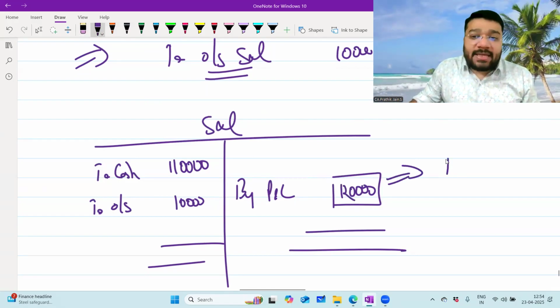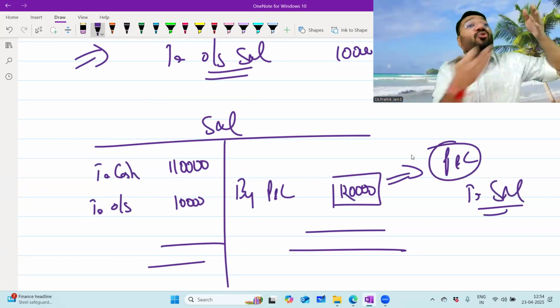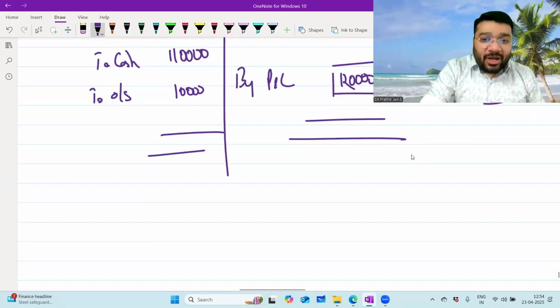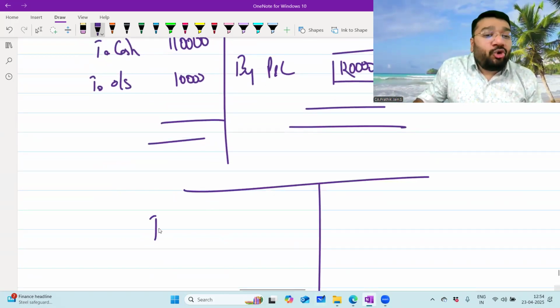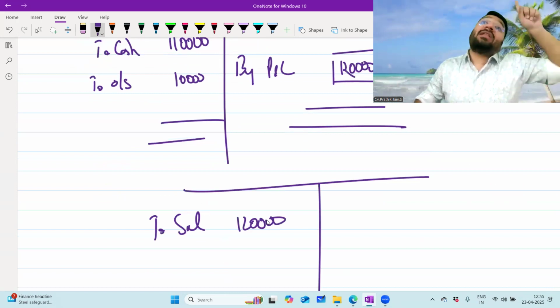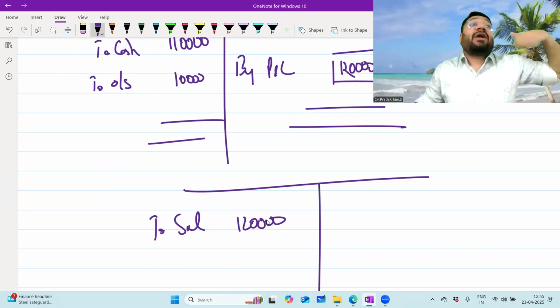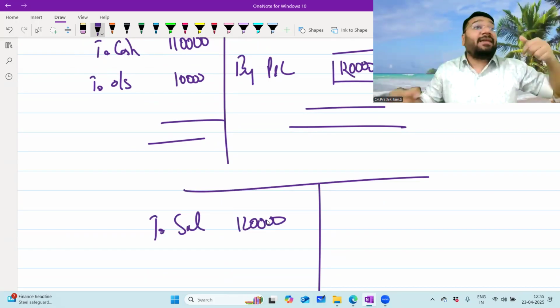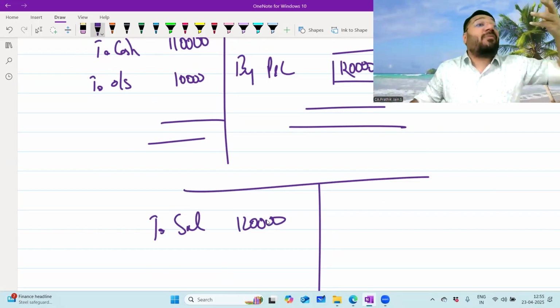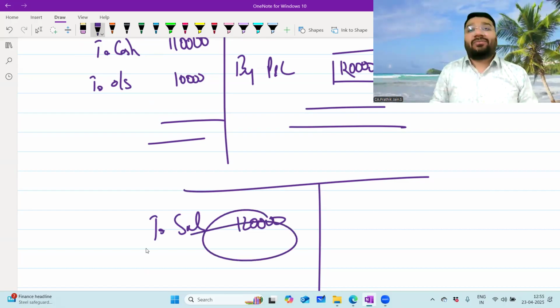That is where in P&L account, to salary will come now, boss. So now when I prepare the P&L, to salary, how much will come? 1,20,000. When you recorded the first entry, only salary to cash, 110 came to your P&L account. When you record another entry, salary to outstanding salary, the salary ledger got upgraded from 110 to 120. And that is what will travel to your P&L account.